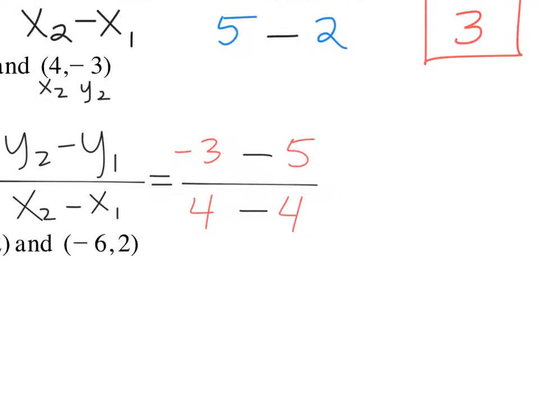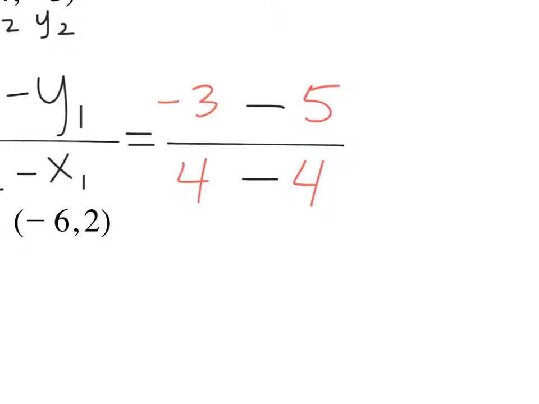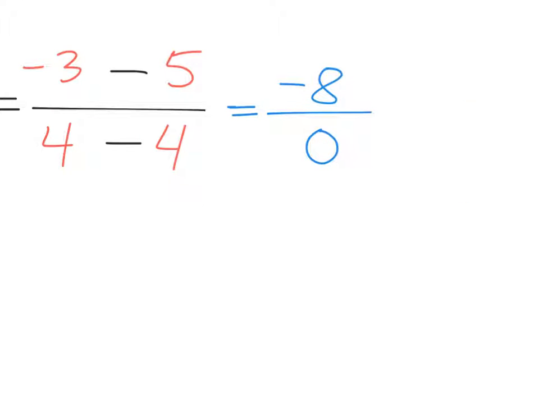You're at -3 and you go down 5 more. You are where? -8. Thank you for not saying 2. And then 4 minus 4 is? Are we allowed to divide by 0? Look at the sign over there. No, you are not. What do we say? Undefined is what you say.